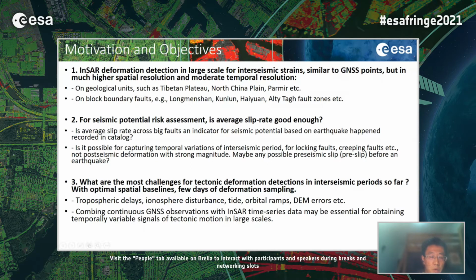So we can use it for the whole Tibet region deformation detection, and also some very large and big faults in these areas. The current data have very small baselines, both spatial and temporal, so the coherence is very good everywhere, even in the Tibetan Plateau region.